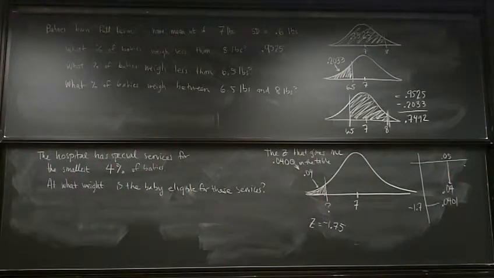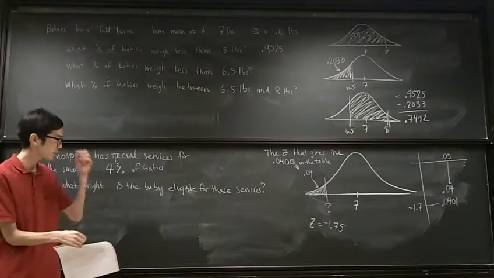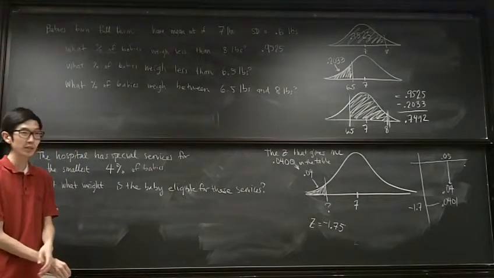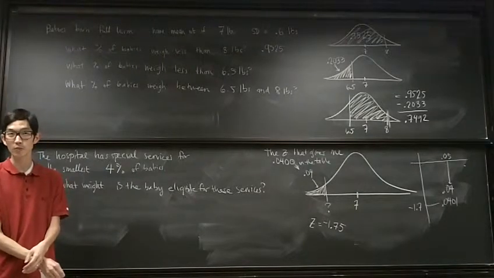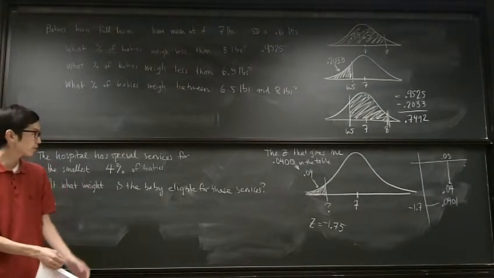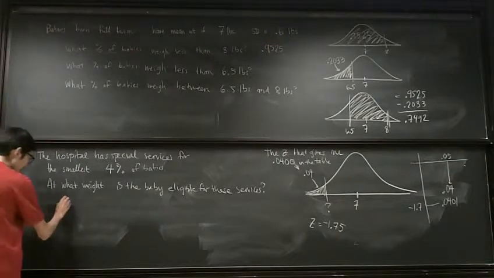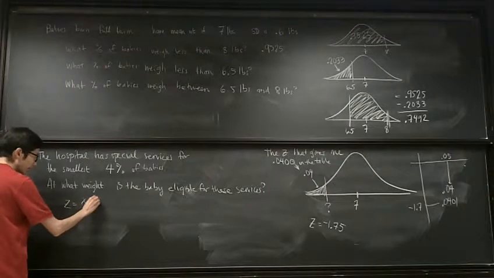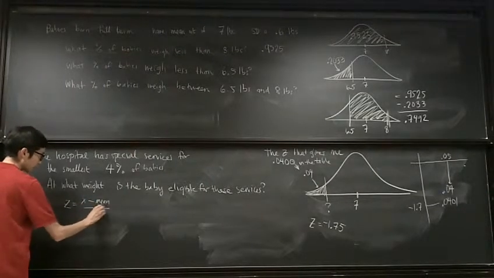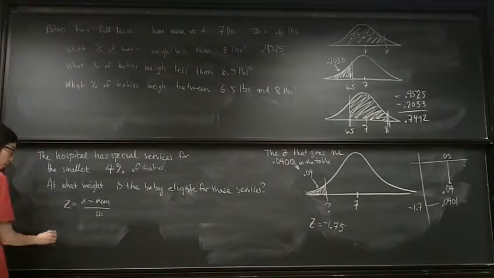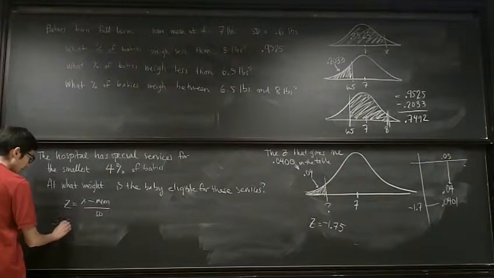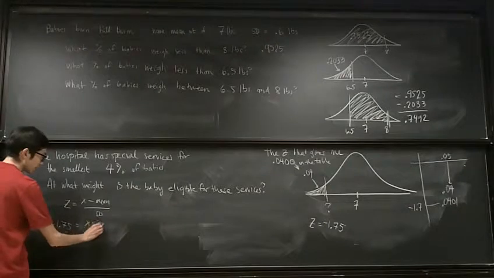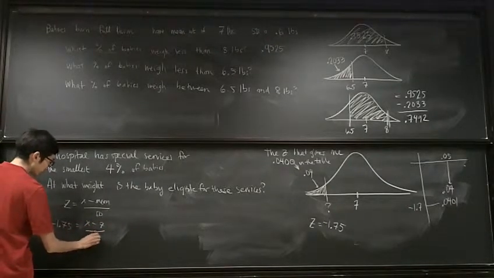Now that I have z equals negative 1.75, what is the weight that gives me a z of negative 1.75? 5.95. How did I get that? Well, z is equal to x minus the mean over the standard deviation. My z is negative 1.75, my x is what I'm looking for, my mean is 7, and my standard deviation is 0.6.